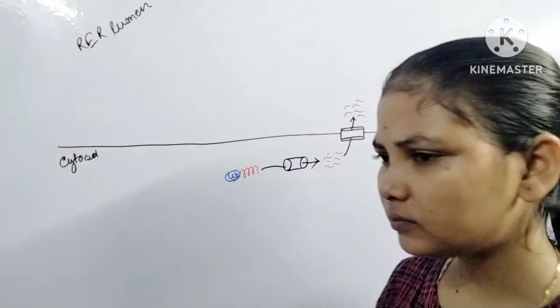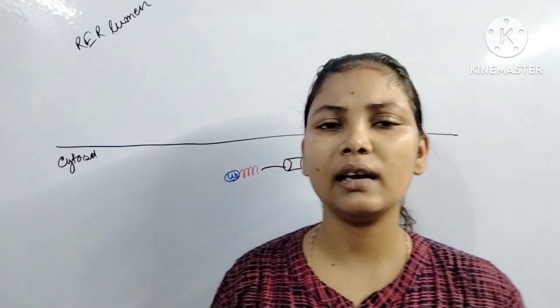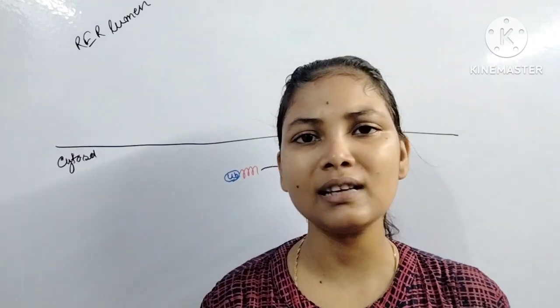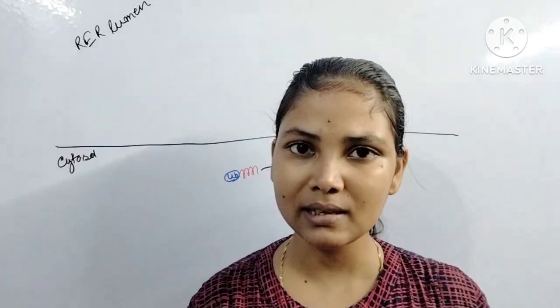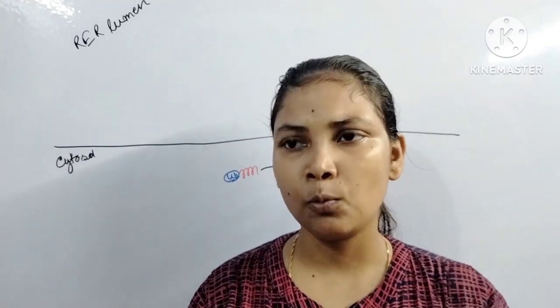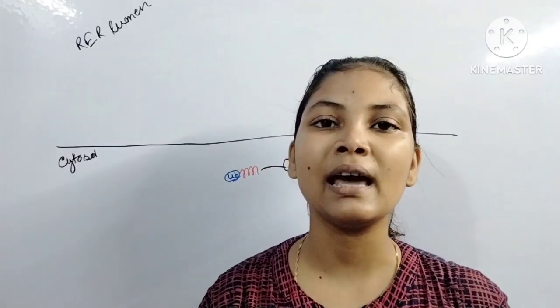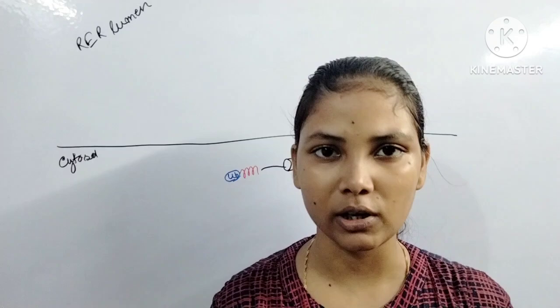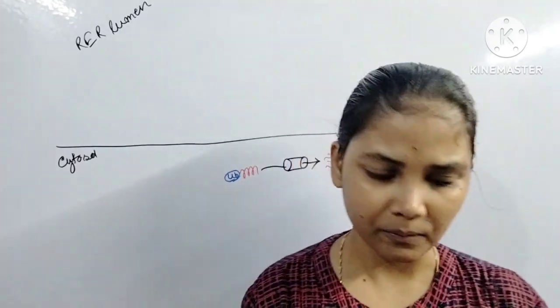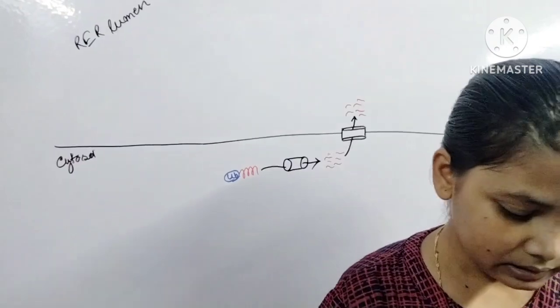Now you know that the MHC I alpha chain is synthesized by the MHC gene itself, but the beta 2 microglobulin is not synthesized by the MHC gene. So the assembly and packing of this MHC I molecule requires the help of chaperones and some protein molecules. The first chaperone that comes in the picture is calnexin.